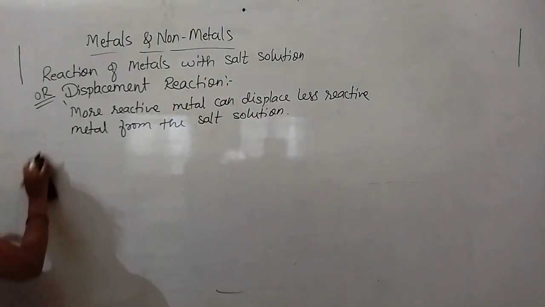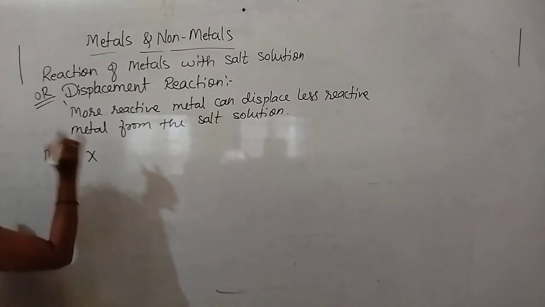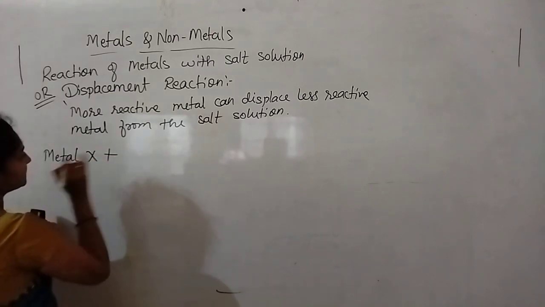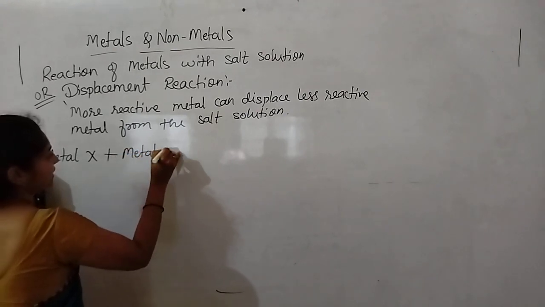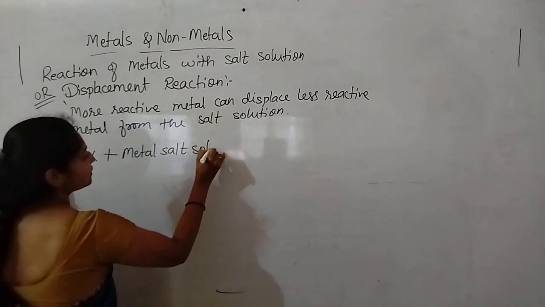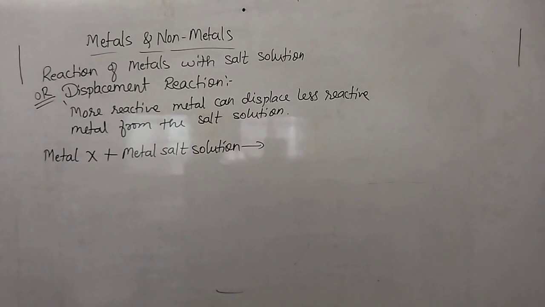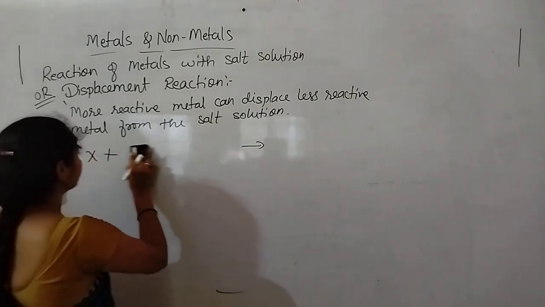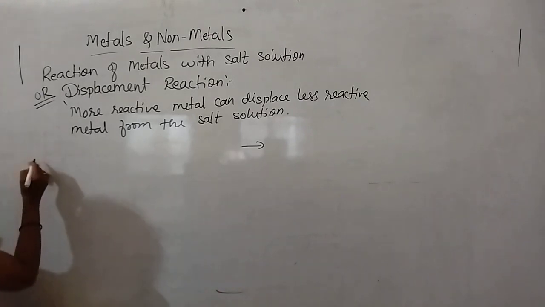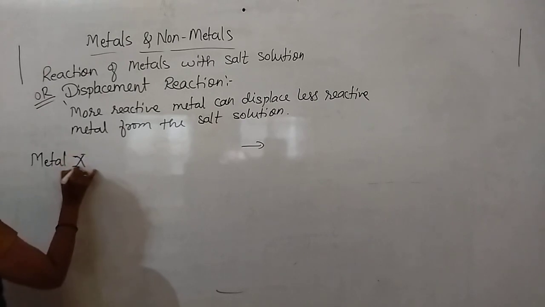Example. The general equation we write. What is that general equation? The more reactive element, I am going to consider here as metal X. When this metal X reacts with a metal salt solution, I am going to consider the metal as Y, any metal.